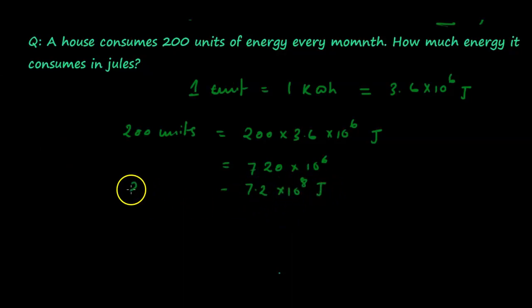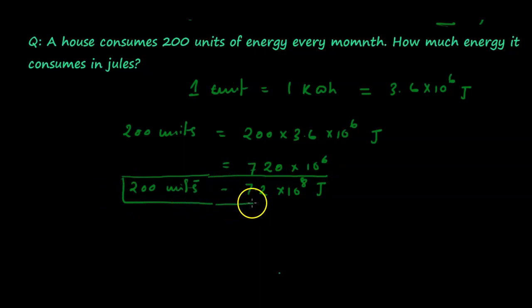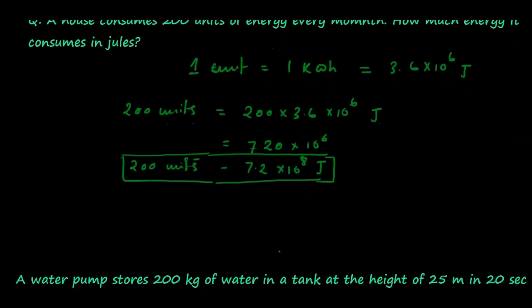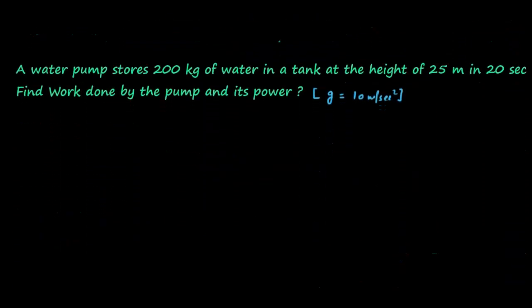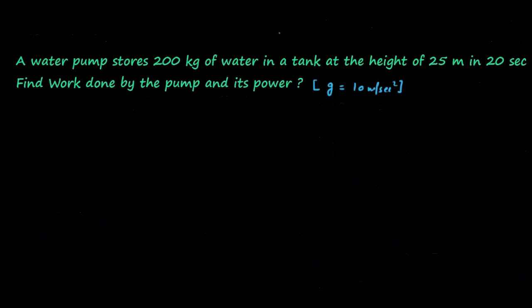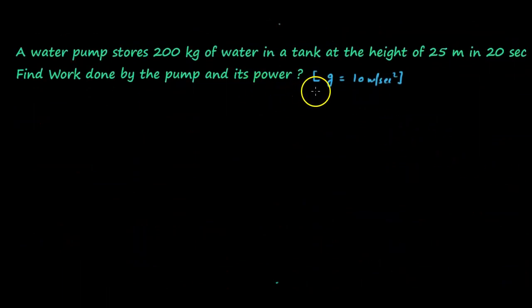This is the idea. We got the answer that 1 kilowatt hour is 3.6 into 10 to the power 6 joules. So from that idea, we got the value of what 200 units will be equal to. Hope you understood this. Now proceed to the next question. Try to pause the video and solve this question by yourself.